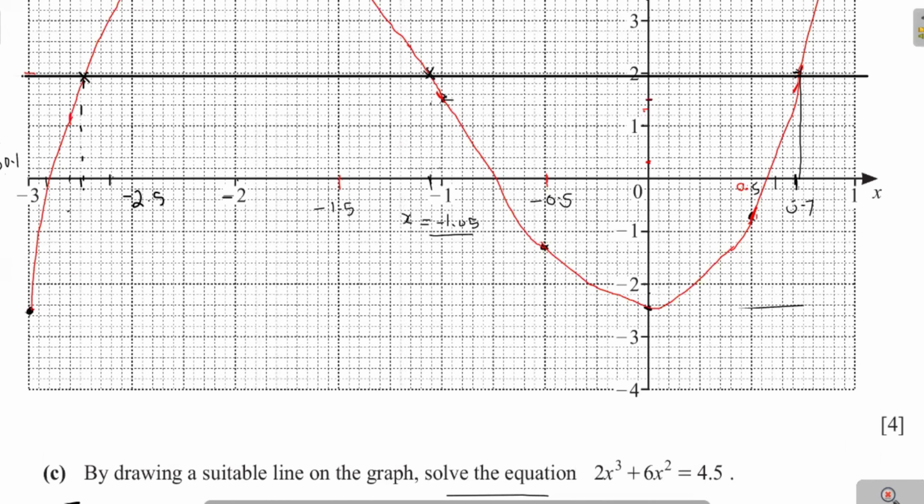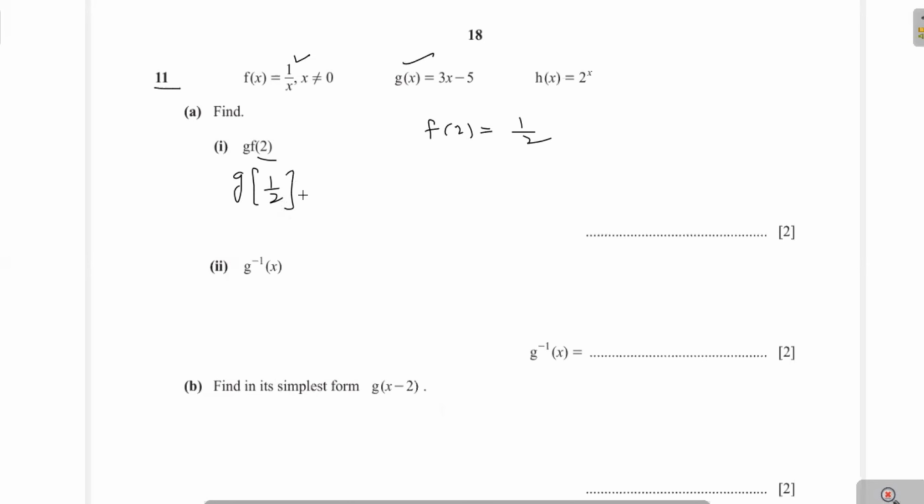Now, g of 1 over 2 becomes 3 into 1 over 2 minus 5, which is equal to 1.5 minus 5, and this will be equal to minus 3.5. This value is minus 3.5.